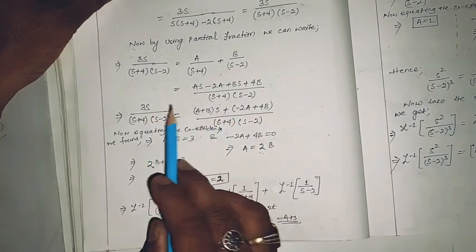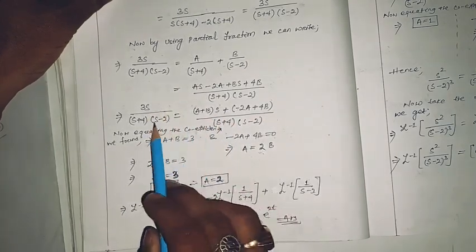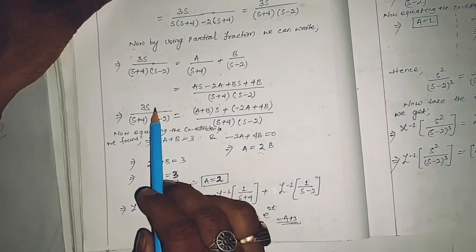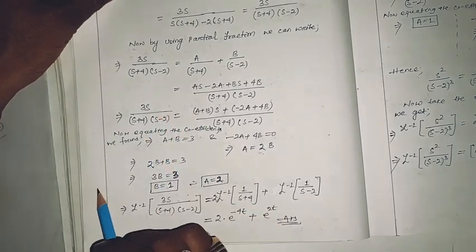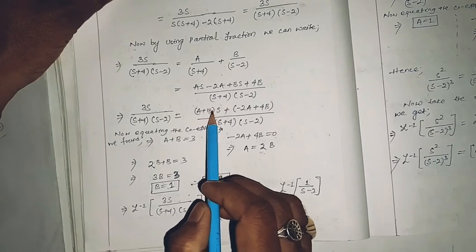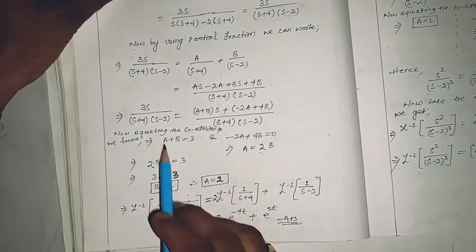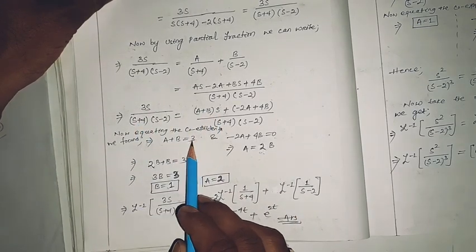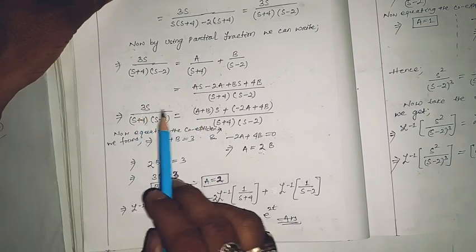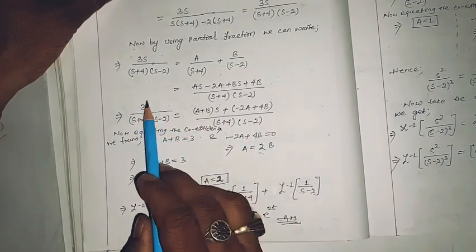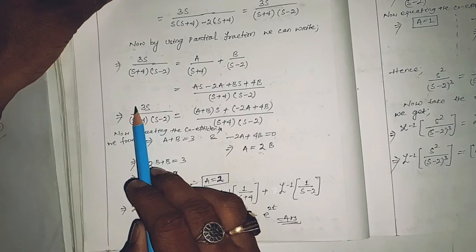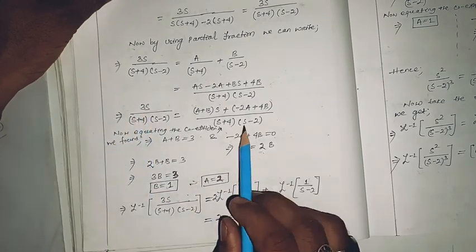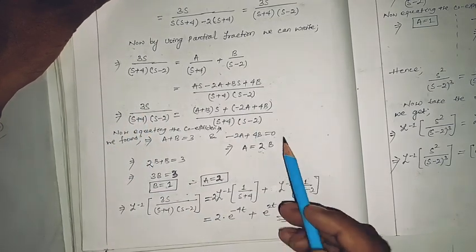Just compare the numerators. The denominator is the same, so the coefficients of the numerator have to be the same. So here a plus b into s, here 3s, that means a plus b will be equal to 3. If I compare the constant, there is no constant term in the numerator on your LHS, so this constant term will be 0.